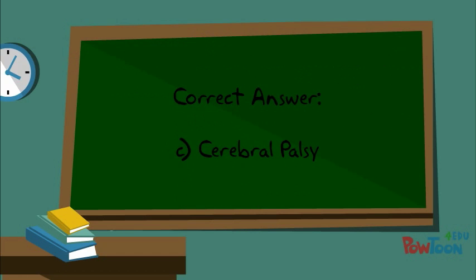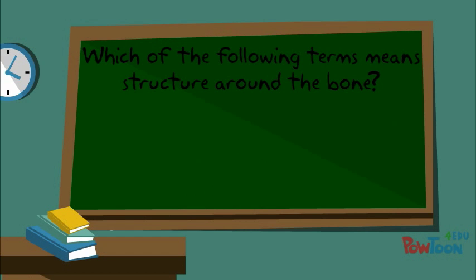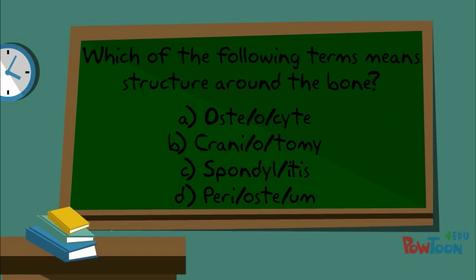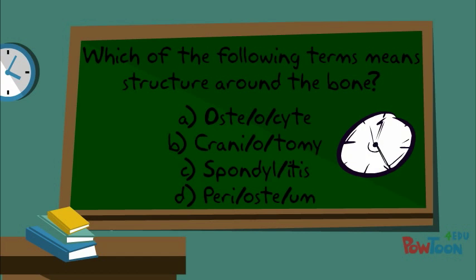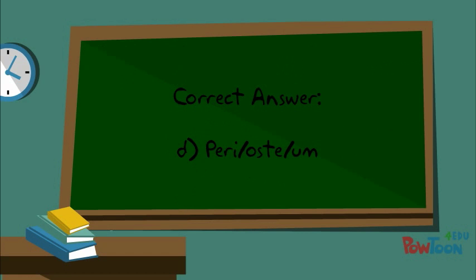You got it, the correct answer is C, cerebral palsy. Which of the following terms means structure around the bone? That's it, the correct answer is D, periosteum.